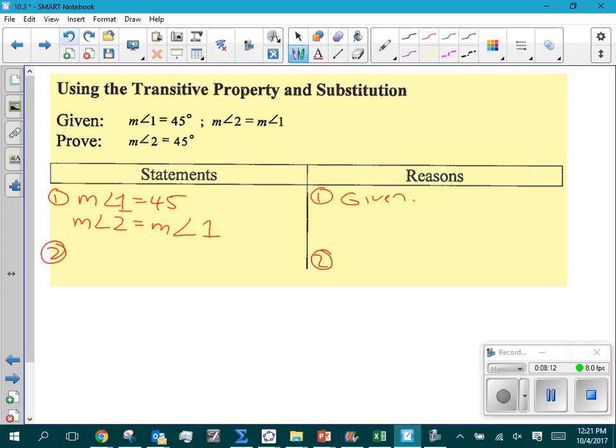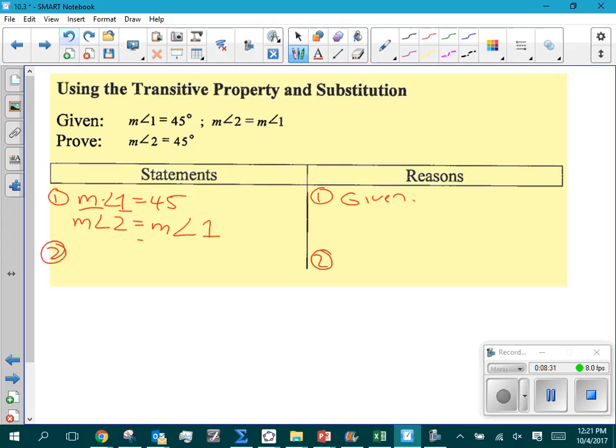Okay, I can replace it with angle 2, and that would be fine. Okay? Everywhere I see angle 1, so maybe here measure of angle 1, okay, is equal to 45. So everywhere I see angle 1, I can replace it with angle 2, because in this statement, it says 1 is equal to 2, right? Is that what you're saying?